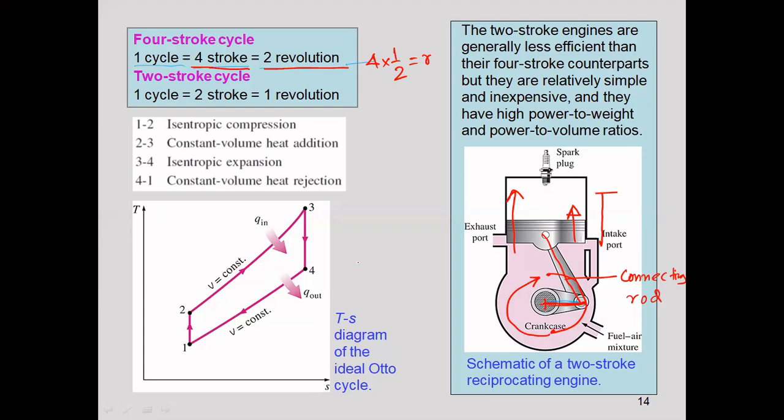Some of the vehicles obviously run on two strokes, but most of the vehicles run on four-stroke. Even a diesel generator runs on four-stroke. So four-stroke has many more applications compared to two-stroke.